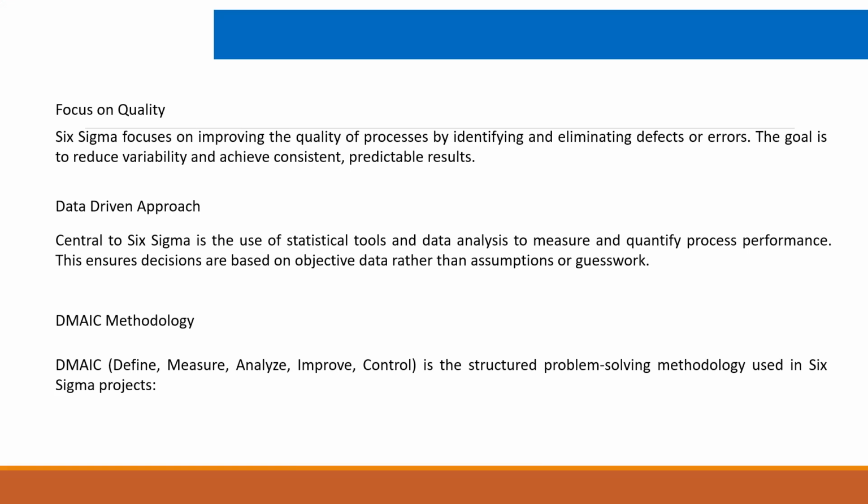Clear? Now, the DMAIC methodology. What is DMAIC? It is a structured problem-solving methodology that we use in Six Sigma. First of all, we define, then we measure. Define means we define the problem, what problem we have found. Then we measure, that means data analysis.